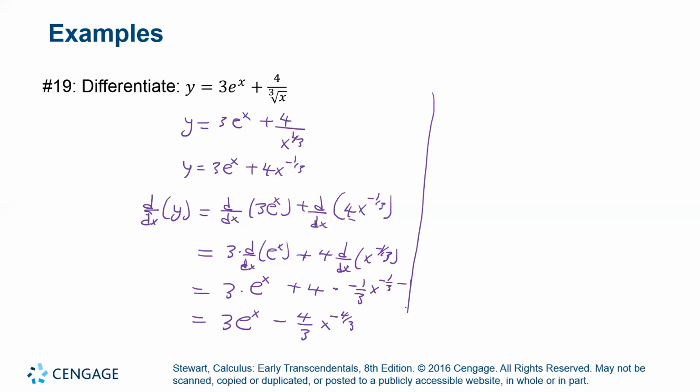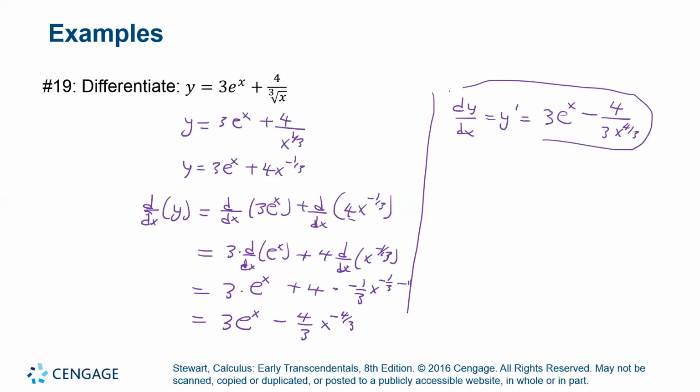So your answer, dy/dx, which is the same as y prime, is equal to 3e to the x minus 4 over 3 times x to the negative 4/3. That's your answer.